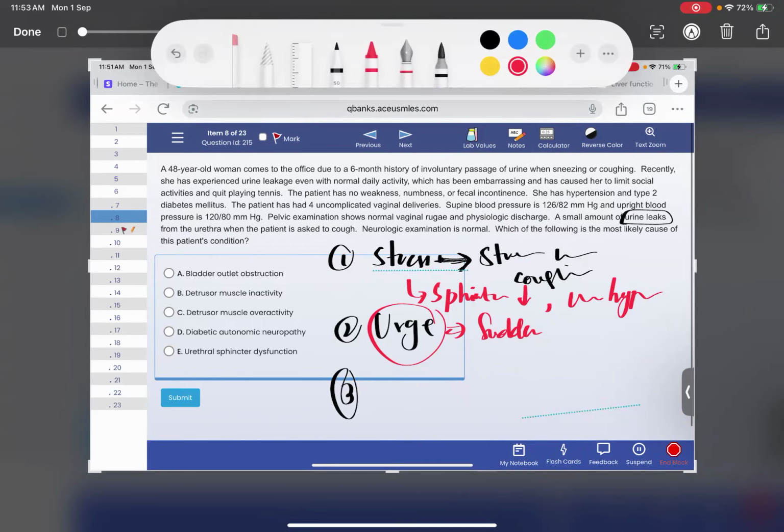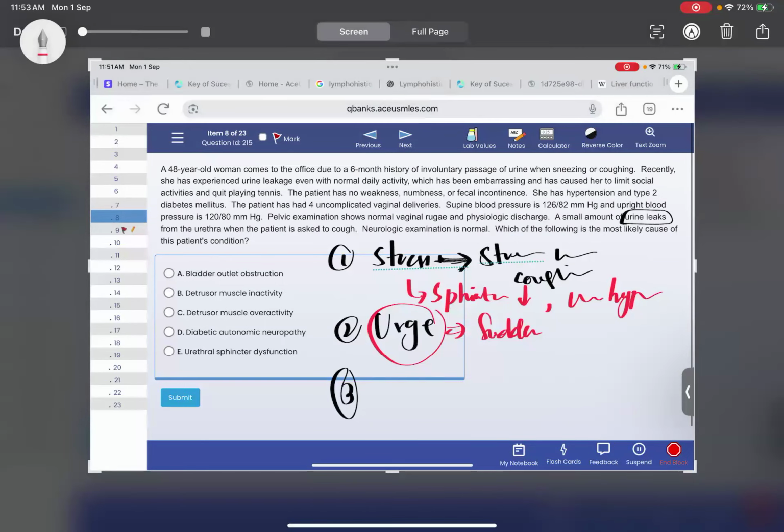Obstruction and neuropathies like diabetic neuropathy, or BPH, and spinal cord injury maybe, or myelomeningocele, which we call spina bifida in children.